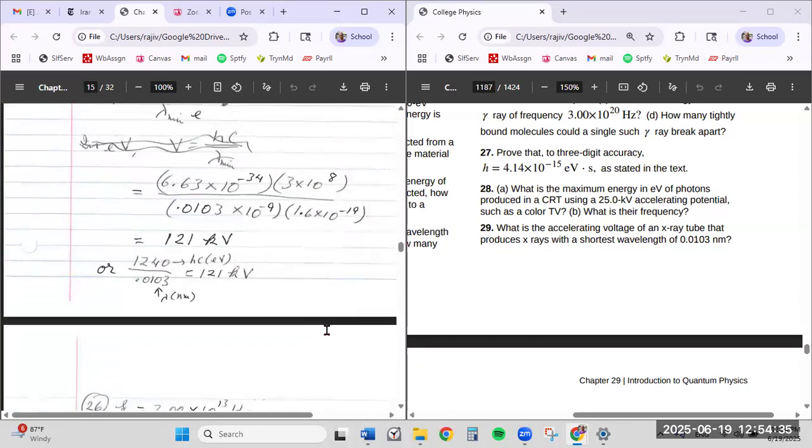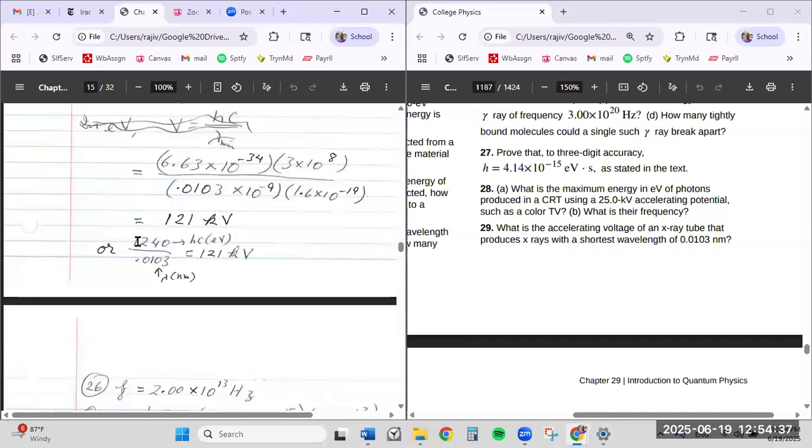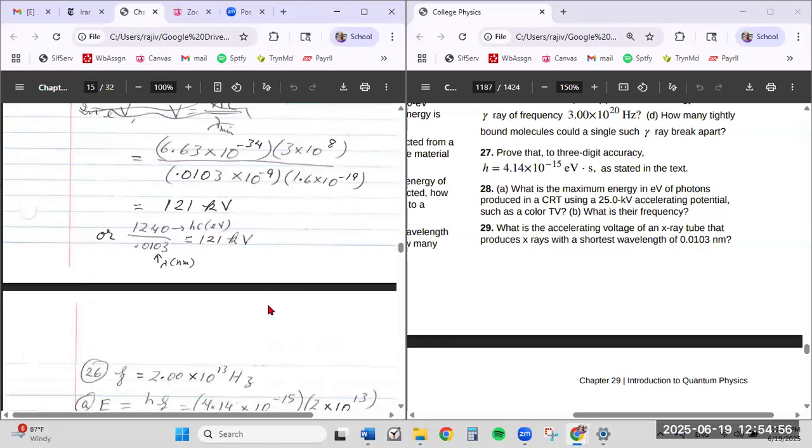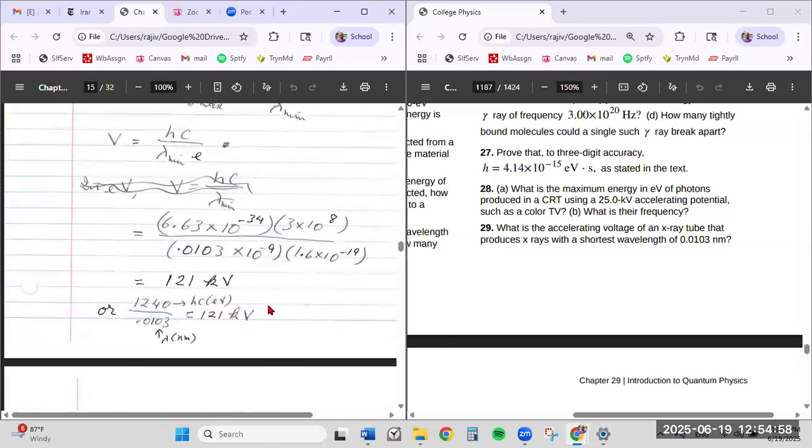So if you use that directly, hc is 1240, and lambda min you can leave in nanometers. So all you have to do is divide 1240 by 0.0103, and that will give you the equivalent potential difference in electron volts.